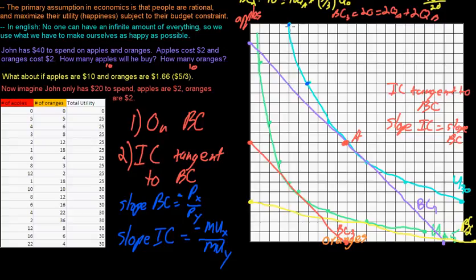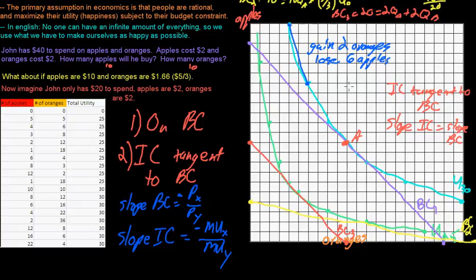So to go from this point to this point, you gain 2 oranges and you lose 6 apples. And you are just as happy after that happens.